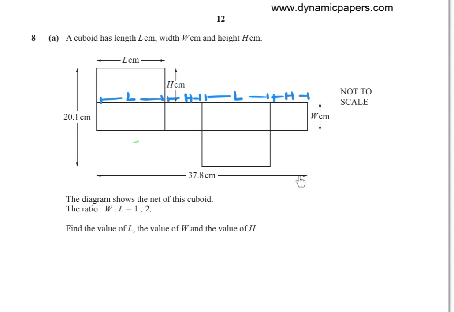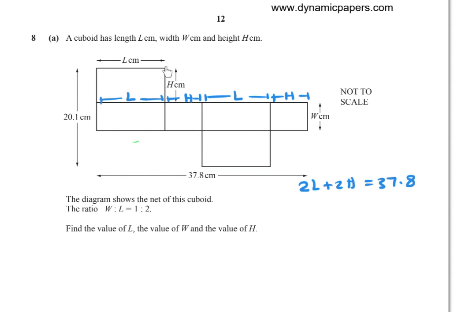Now we have this side 37.8, so we can deduce that 2 length plus 2 height equal 37.8. And vertically, this side is 21.1.